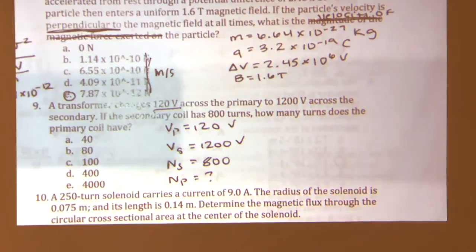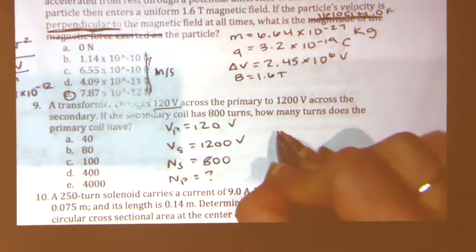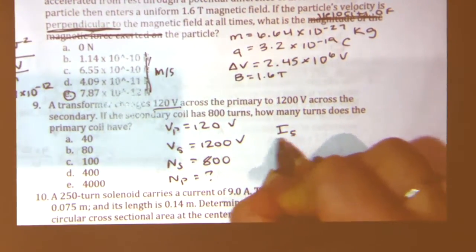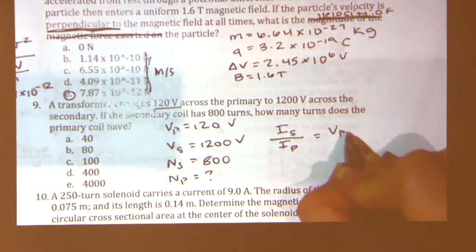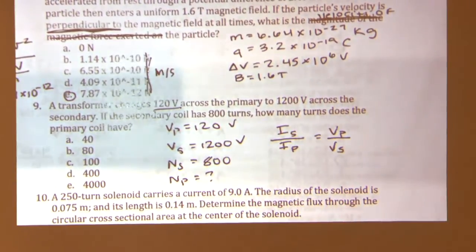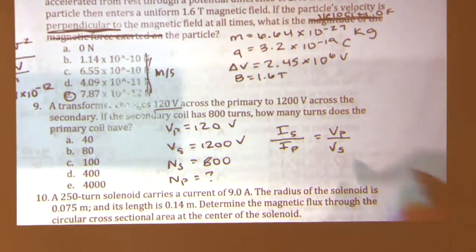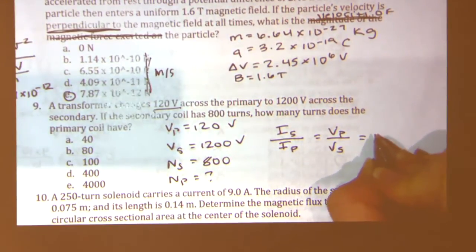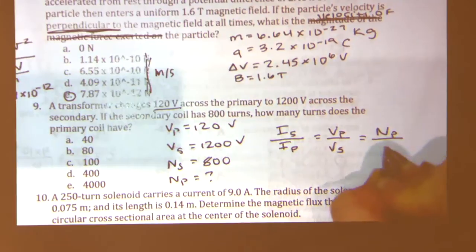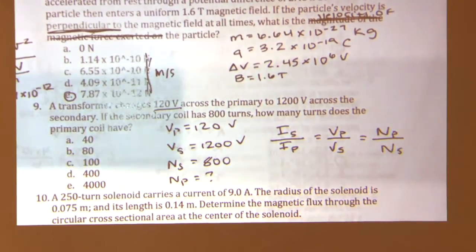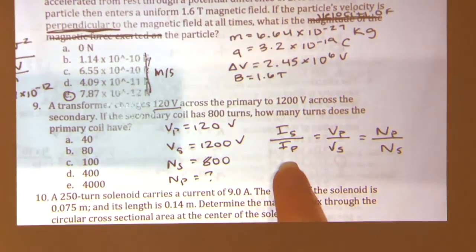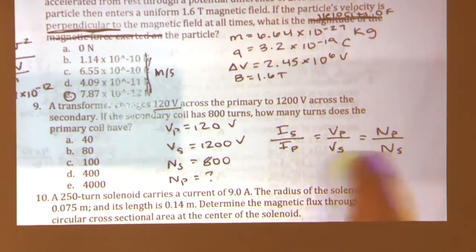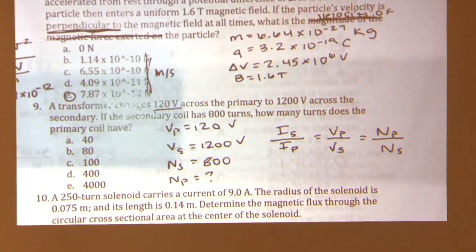So these equations are in the book. We know that IS over IP is equal to VP over VS. And VP over VS is also equal to NP over NS. So we see that current and voltage are inversely proportional, and voltage and number of turns are directly proportional to each other.